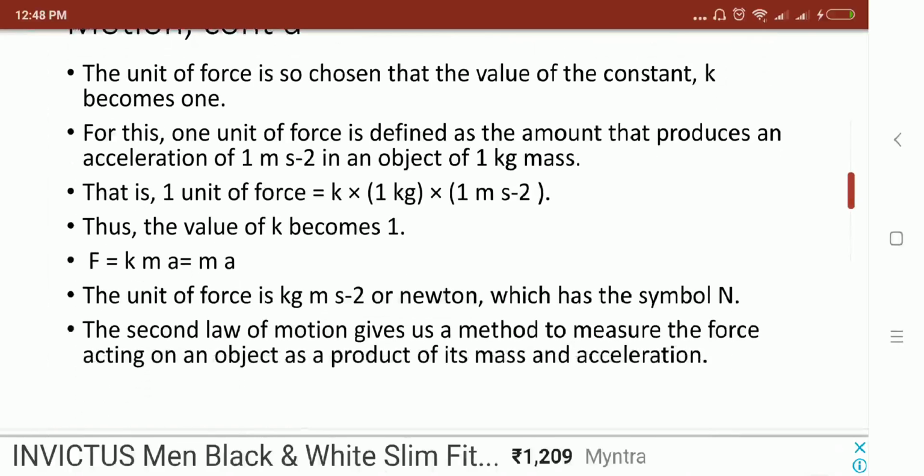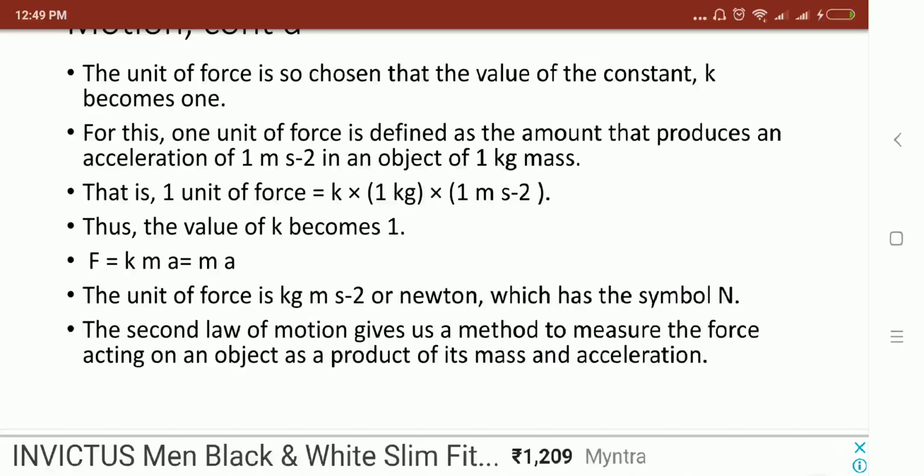So the force equation is ma. Now replace the SI unit of m and a. SI unit of m is kilogram, SI unit of acceleration is meter per second square. So force unit is kilogram meter per second square, which can also be defined as a Newton, because Newton determined this unit of force.